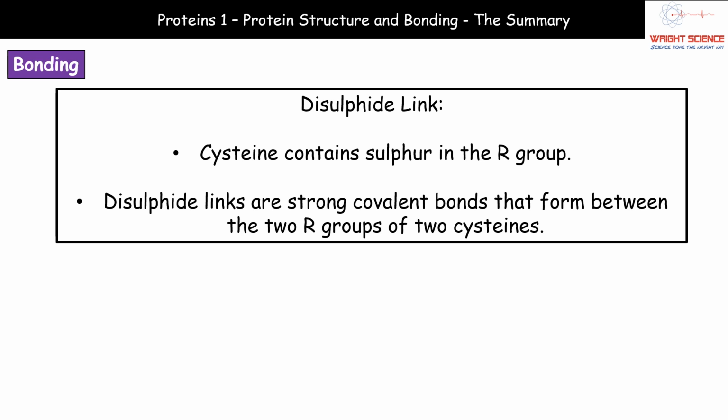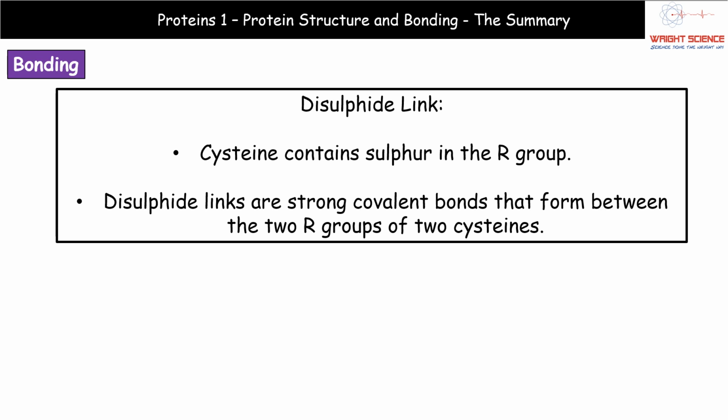Now, what we find is if we look at all of the R groups of the amino acids and we find cysteine, then you will see that that R group contains a sulfur atom. Now, disulfide. Di means two, sulfide referring to sulfur atoms. So we've got two sulfur atoms. That's what's making this bond, this link, this bridge, whatever you want to refer to it as.